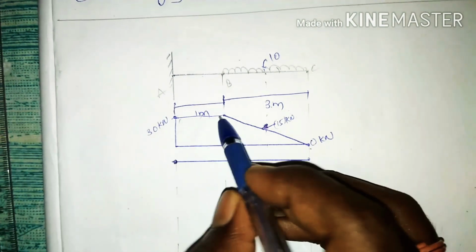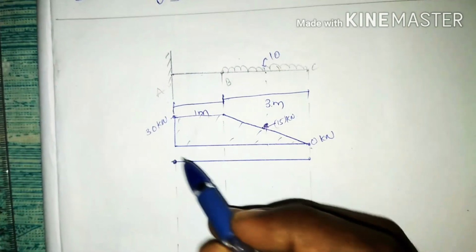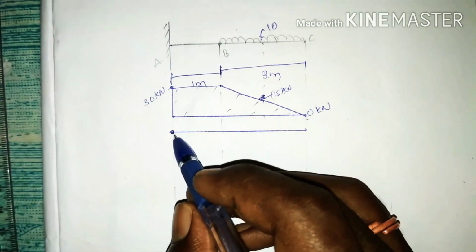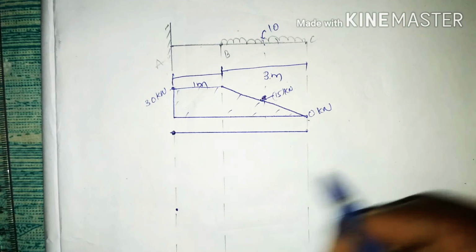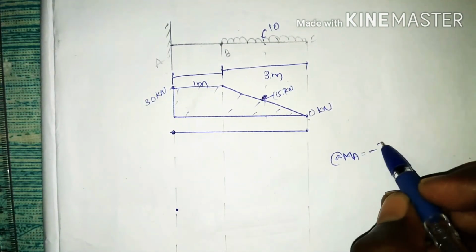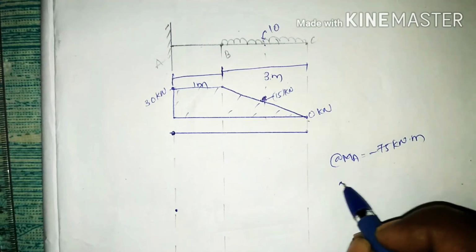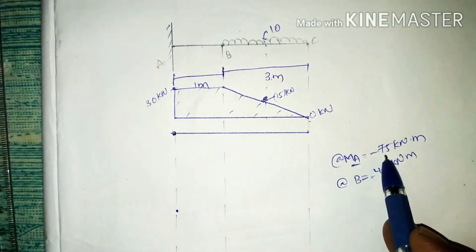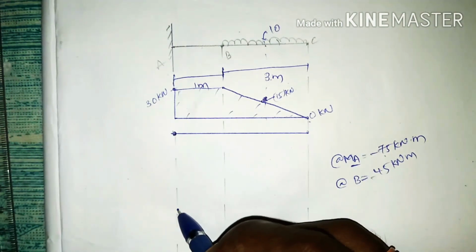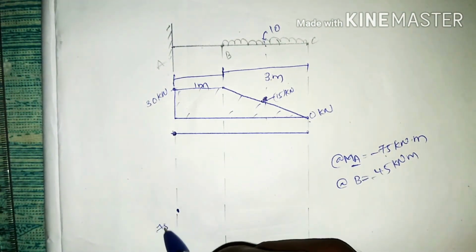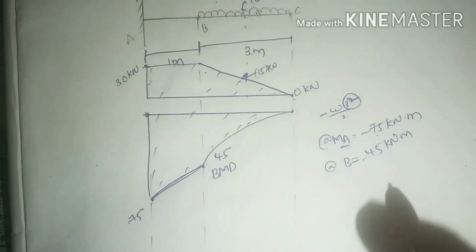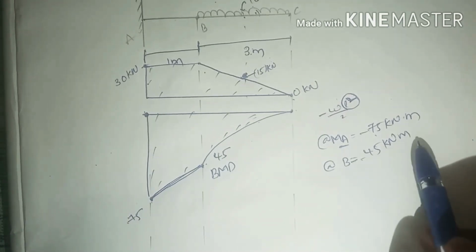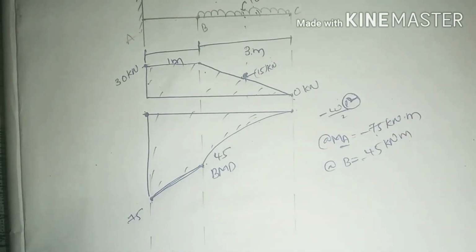Next, the bending moment diagram. The moment about A is equal to minus 75 kilonewton meter, and the moment about B is equal to minus 75, so I plot a point at 75. Next, the moment about B is minus 45 kilonewton meter, and the moment about C is equal to 0.